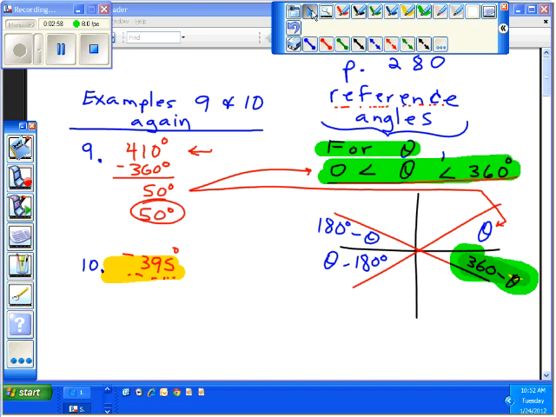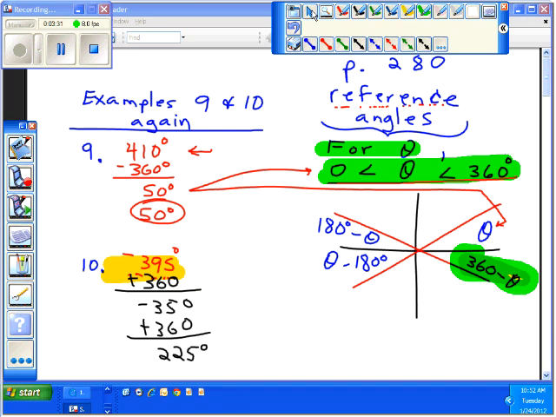Okay? Now, how would we take number 10 and come up with a coterminal angle that is between 0 and 360? Well, we would have to add 360s to it until it became positive. If we added 360, that would give us negative 35 degrees, as we saw yesterday. But we need to continue, so we add another 360, which gives us another coterminal angle of 225 degrees.